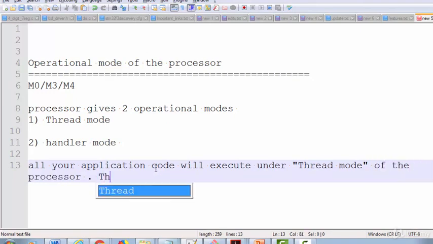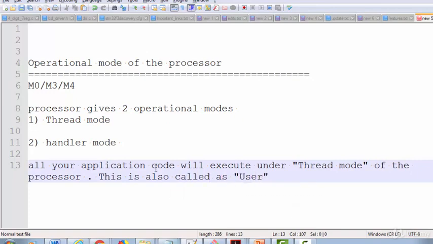Okay, so this is also called user mode. You can call this mode user mode also. Okay, so your application code will execute under thread mode of the processor.